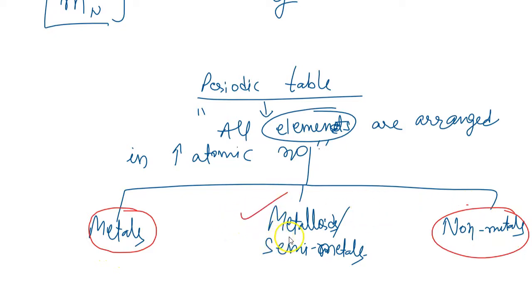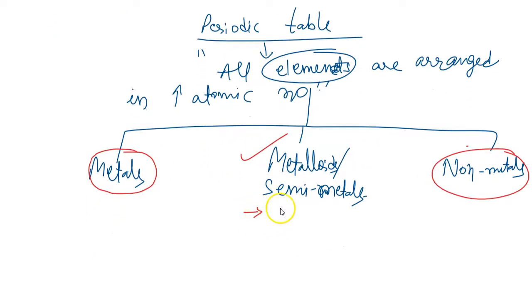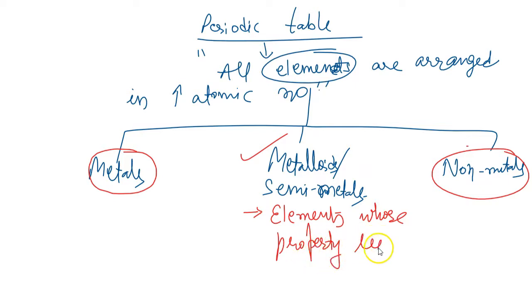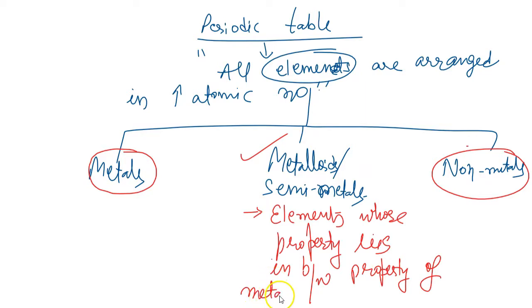But what is a metalloid? It is the elements whose properties lie in between the properties of metals and the properties of non-metals.